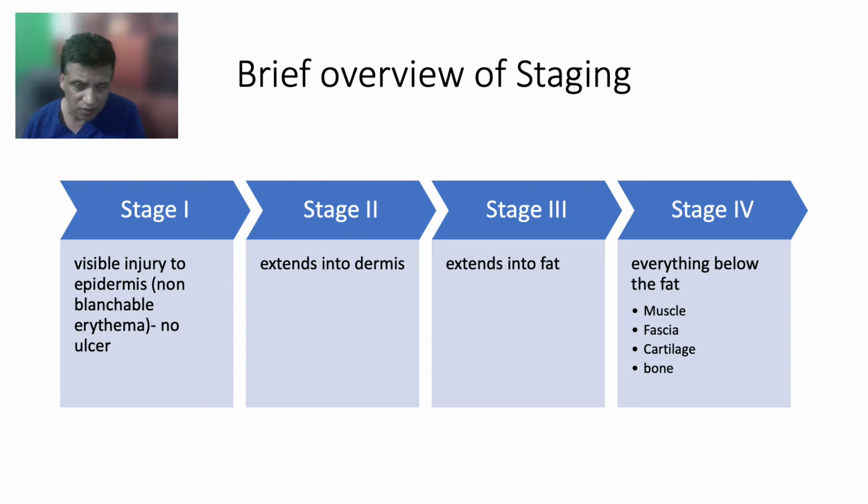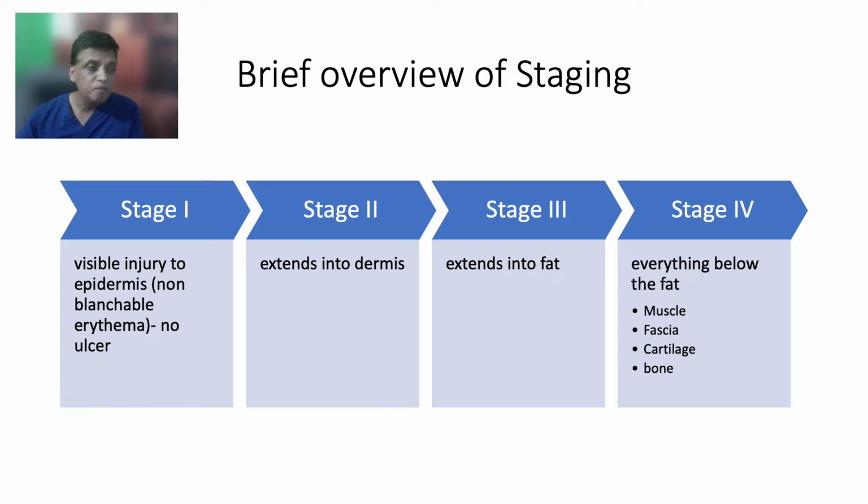However, as we discussed, there are areas of the body where there is no muscle, and you may find fascia or tendon or other tissues. So stage 4 is extension below the fatty layer. Any tissue below the fatty layer, if that is involved, then you have stage 4 pressure injury. That tissue may be muscle, maybe fascia, maybe cartilage, maybe bone.